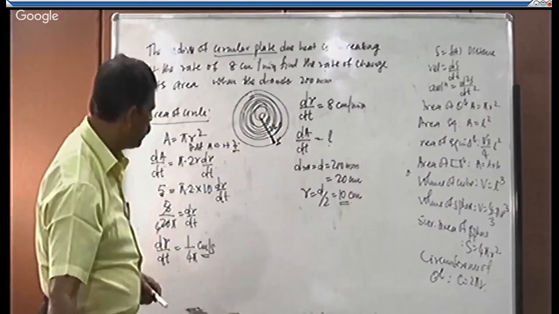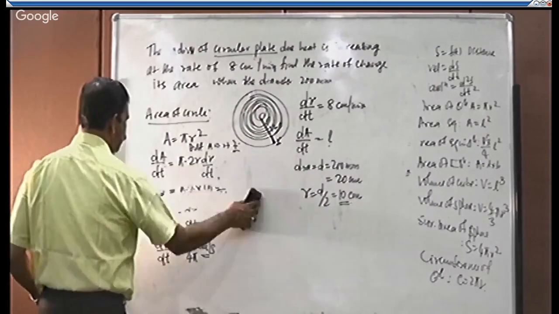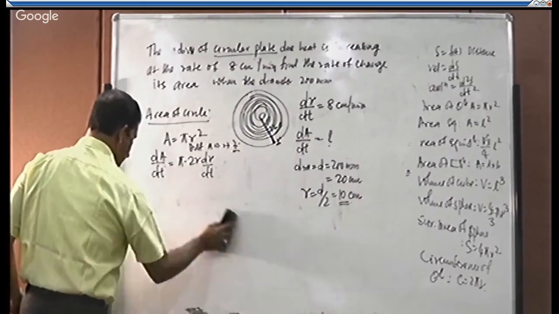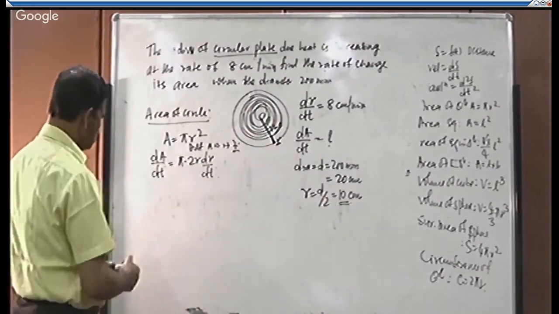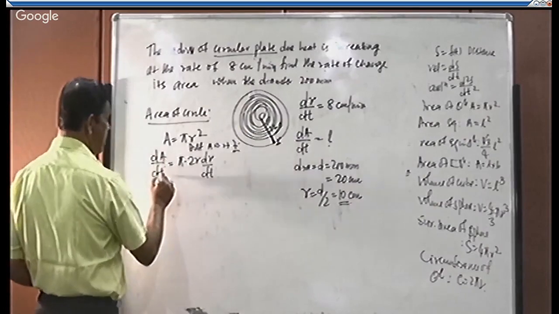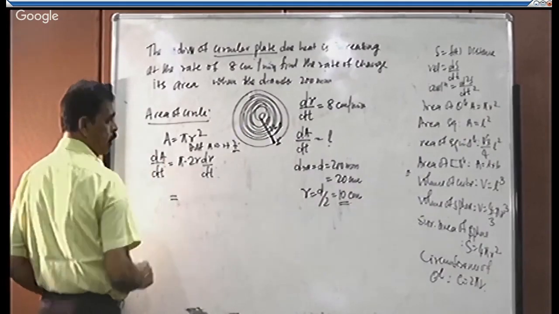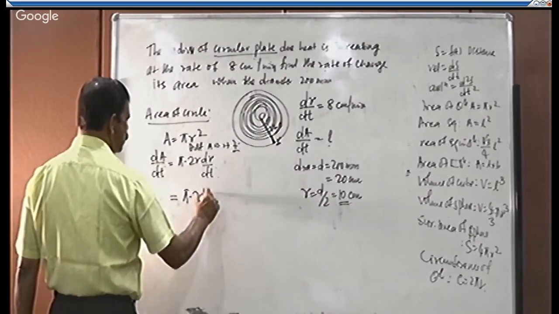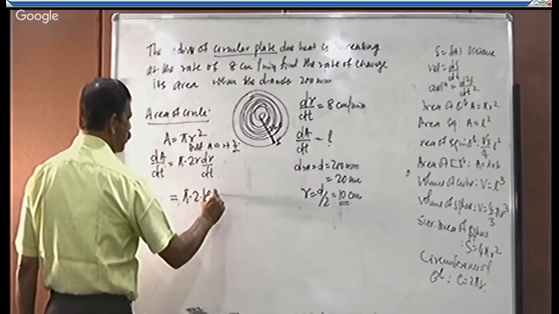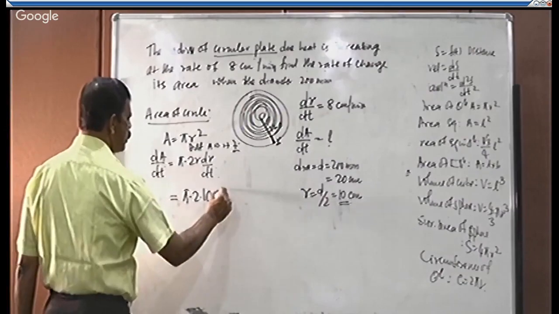Area of circle. Differentiate it. We get the same thing. dA by dt is how much? We have to calculate. Pi into 2 into r, which is 10, into dr by dt. dr by dt is given. How much?